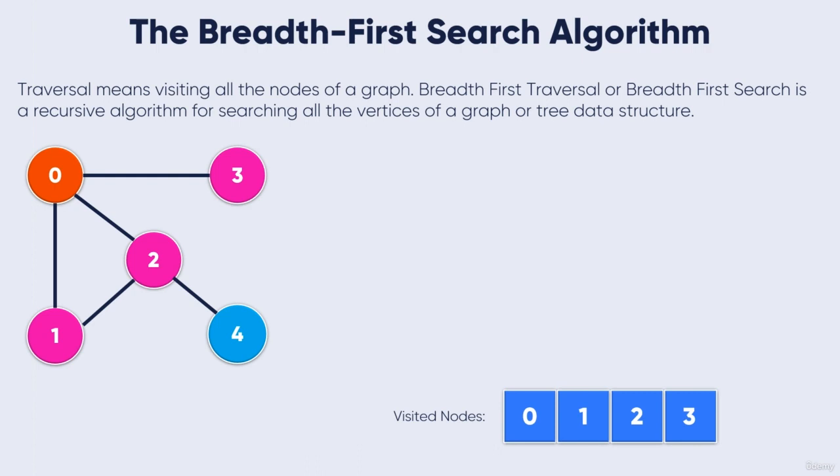Okay? Since we have finished 0, we move now to 1. From 1, we cannot go anywhere new. We can also go to 2, just one step to 2. 2 is visited, so we can put it. From 1 we go to 2.